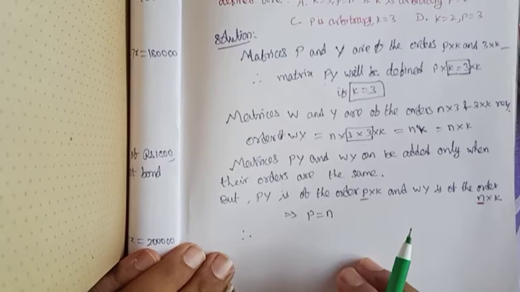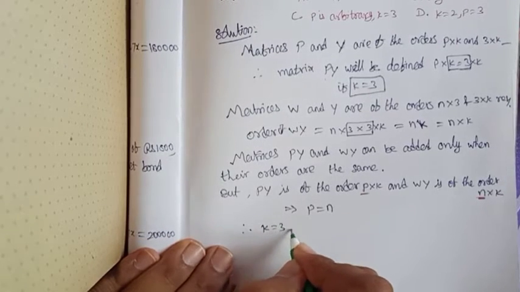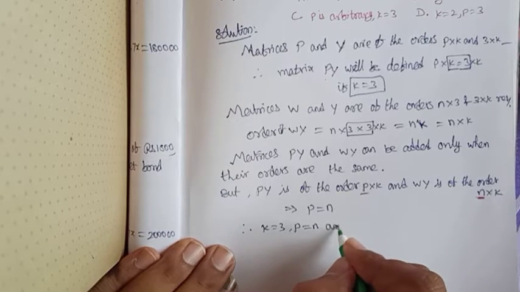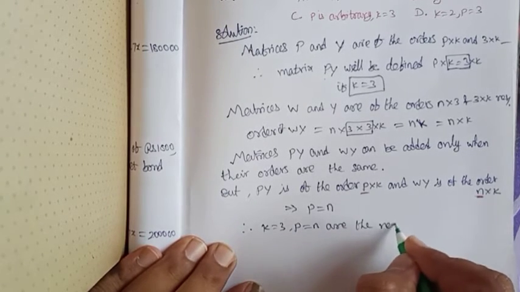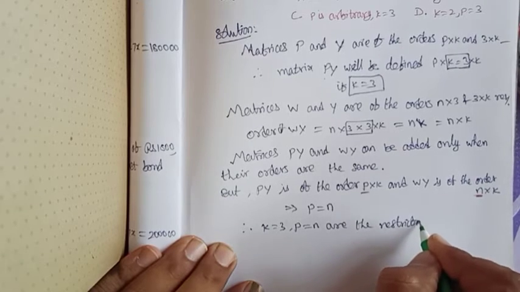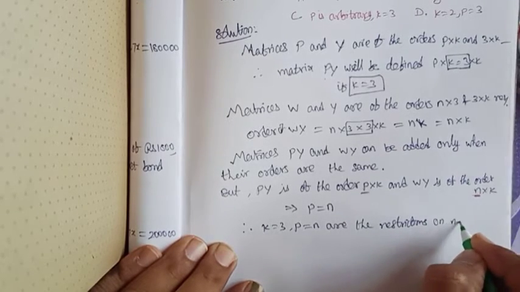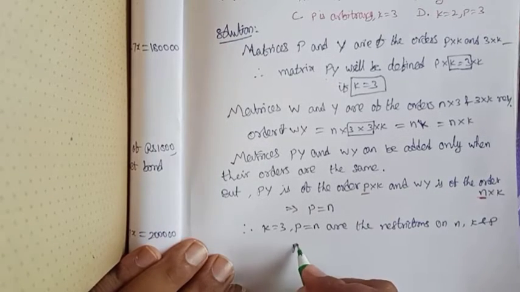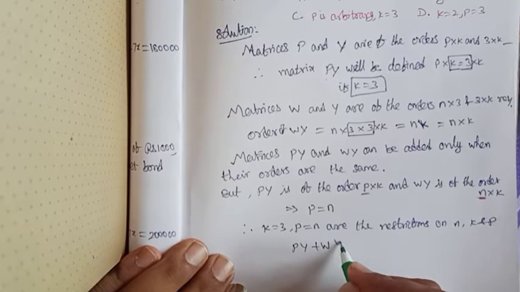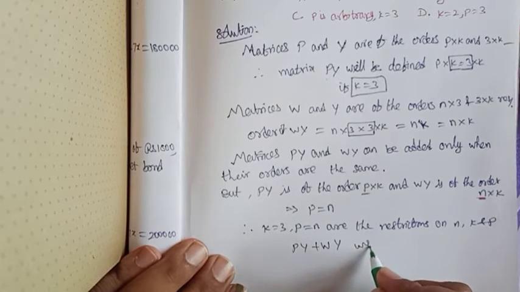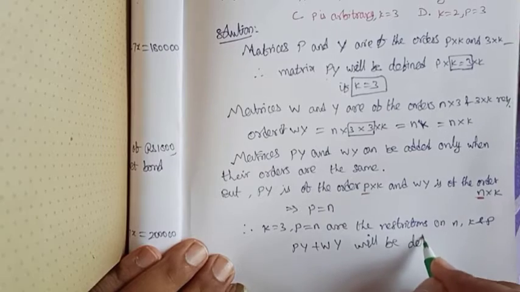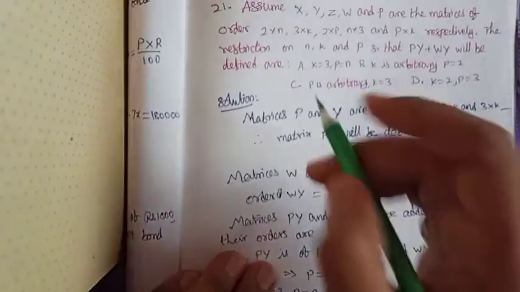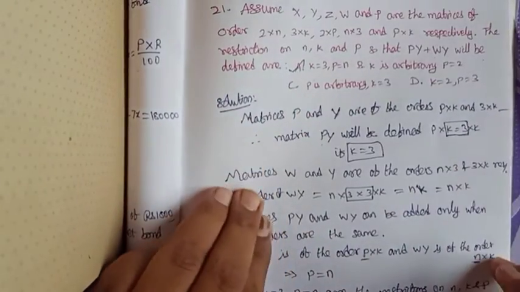Therefore k equals 3 and p equals n are the restrictions on n, k and p so that PY plus WY will be defined. So the first option is right.